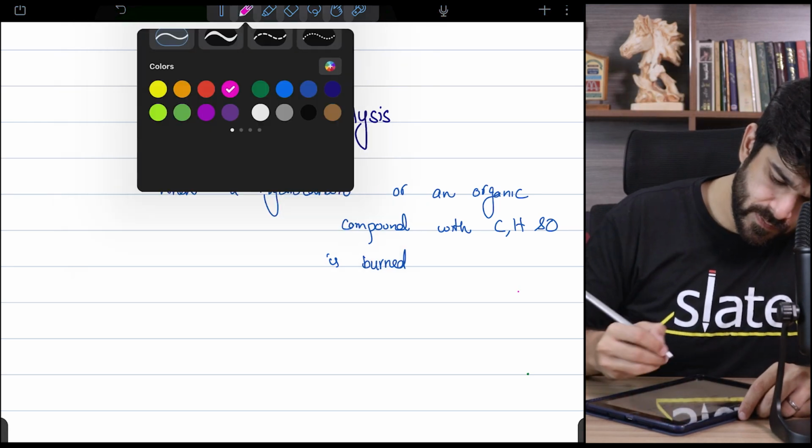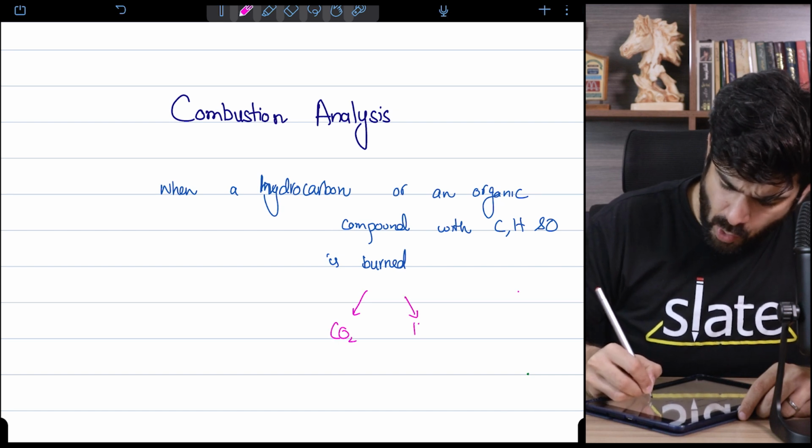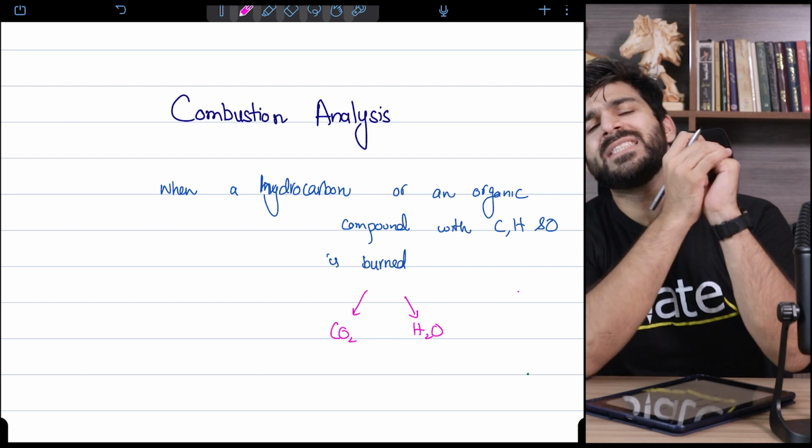Just two products, carbon dioxide and water.